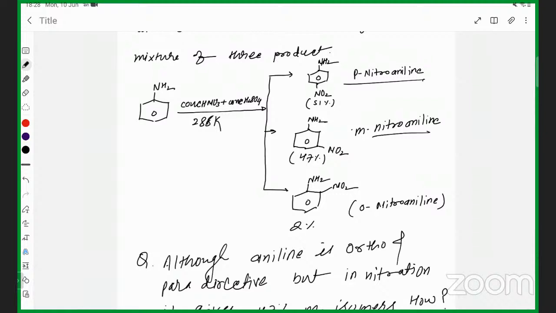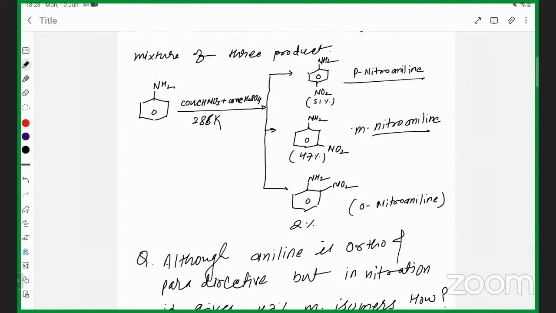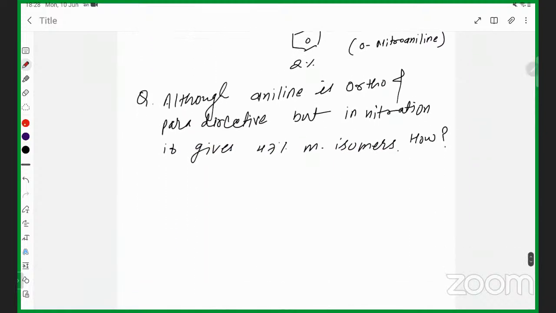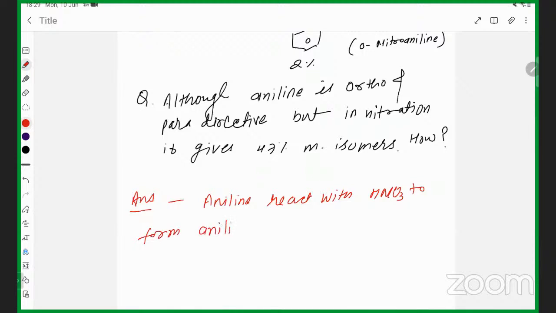Can you give any idea about that? Answer: aniline reacts with HNO3 to form anilinium ion, which is meta directing.